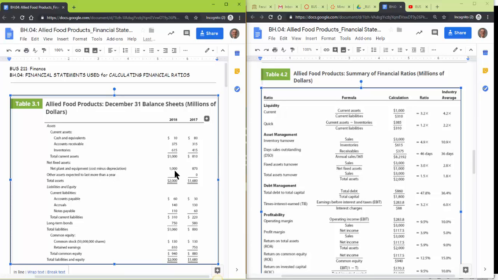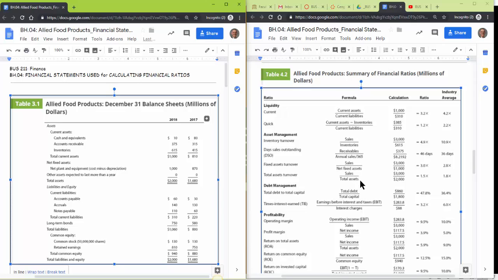So for Allied Food Products, they have $1 billion in net fixed assets, and these $1 billion of net fixed assets are able to generate $3 billion of sales. So the productivity measure is the company can generate $3 of sales for every $1 that it invests in productive capacity. And comparing that to the industry average, in this case, Allied Food Products does a little bit better than its industry.